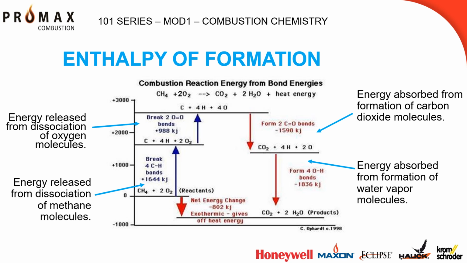These new combustion product molecules absorb some of the available energy. When the energy released is greater than the energy absorbed, this is called an exothermic reaction. The leftover energy from the methane combustion process is converted to the heat that we use in our furnaces, boilers, and other combustion processes.